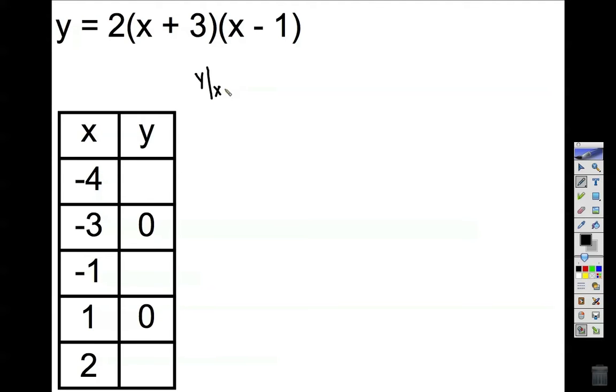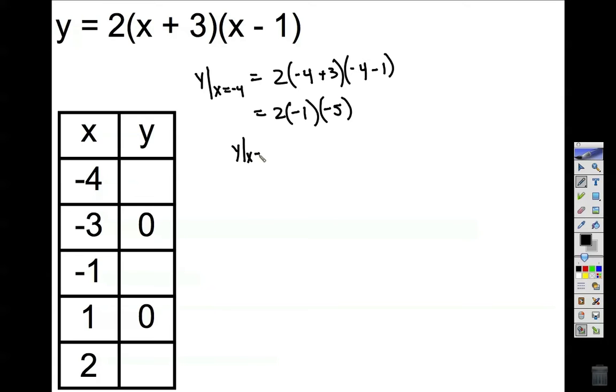What is y when x equals -4? 2 times -4 plus 3 times -4 minus 1. -4 plus 3 is -1. -4 minus 1 is -5. So y is equal to, when x is -4, 2 times -1 is -2, times -5 is +10.